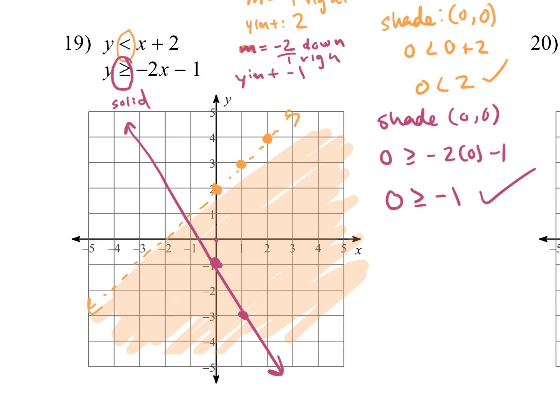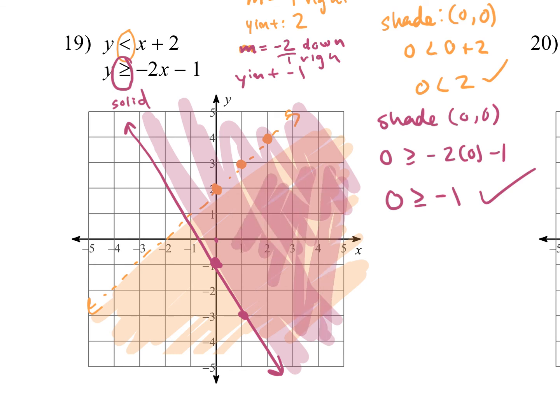If it's true, you shade where it is. So that would be on the right side over here. Then I erase everything except what's overlapping. So I'm going to erase up here and down below.